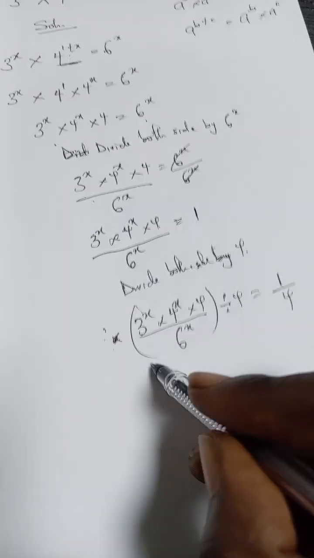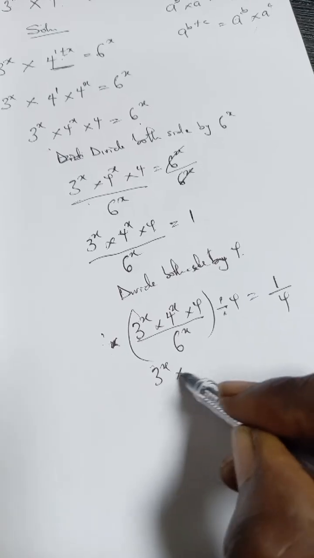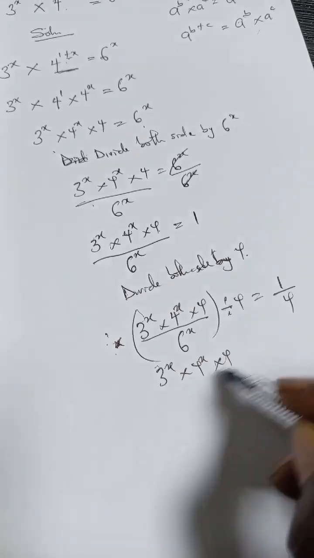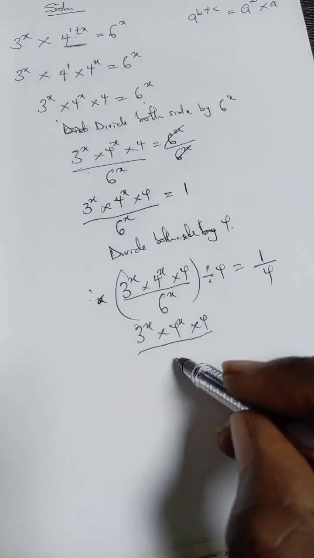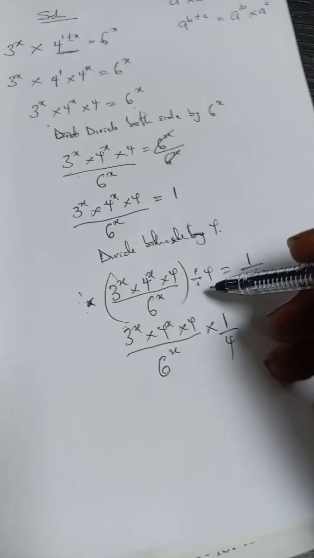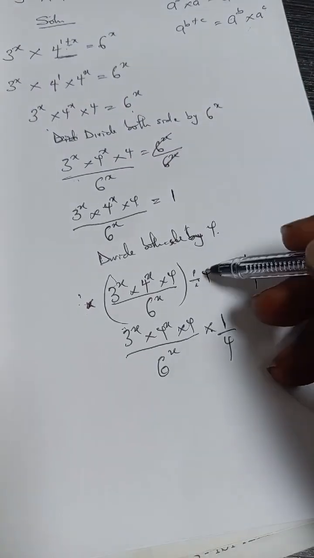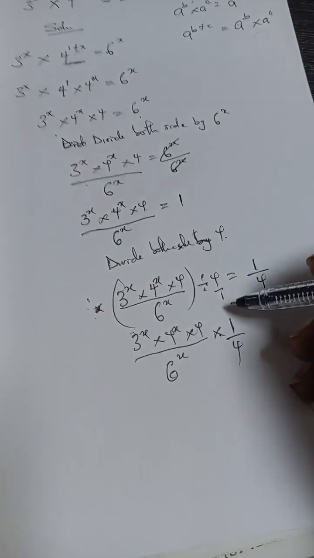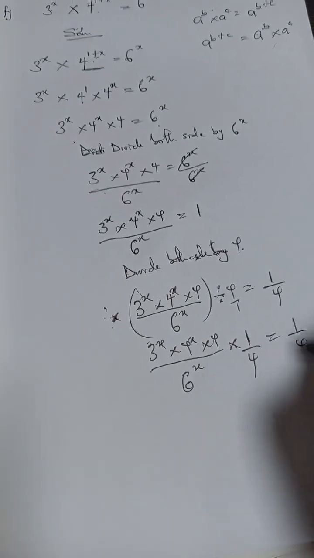Division sign to multiplication sign, we are going to have 3 raised power x times 4 raised power x times 4 over 6 raised power x times 1 over 4, because when the division sign changes to multiplication, this 4 is over 1, therefore they will interchange to give us 1 over 4.